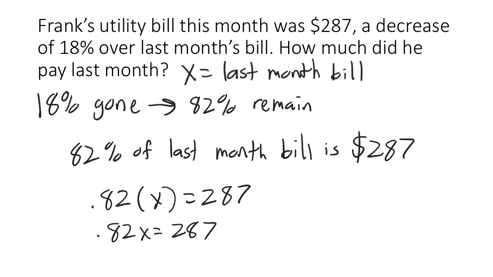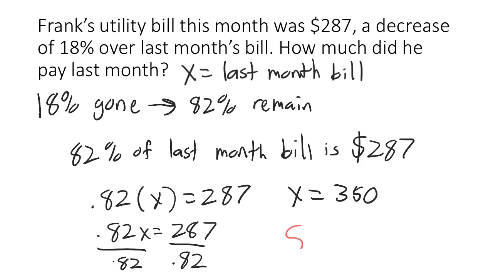And now we solve for x. We can divide both sides by 0.82. And what we end up with is x equals 287 divided by 0.82 is 350. So what this tells us is that last month's bill was $350.